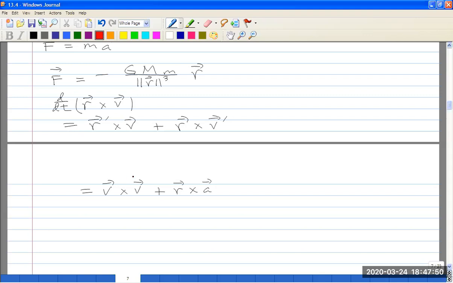But I know that v cross v is just 0, anytime you cross a vector with itself.